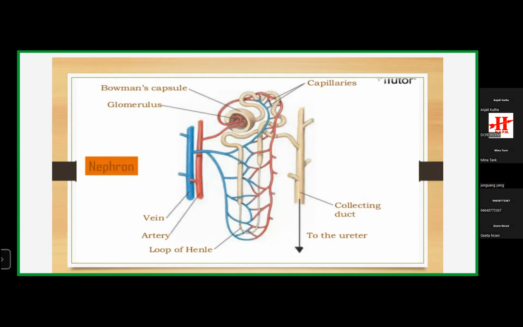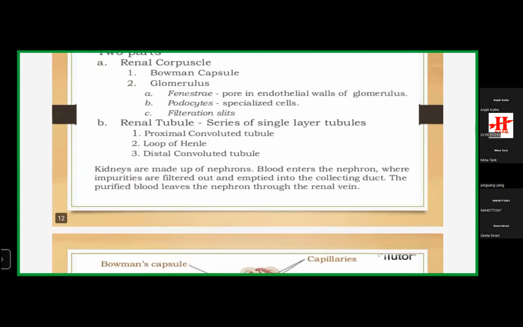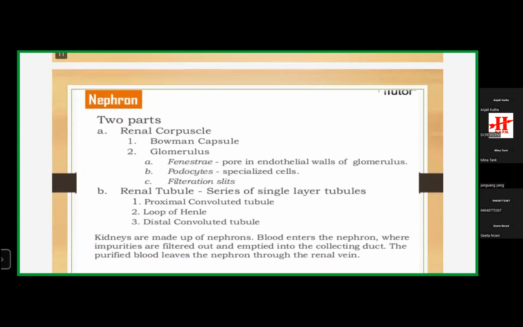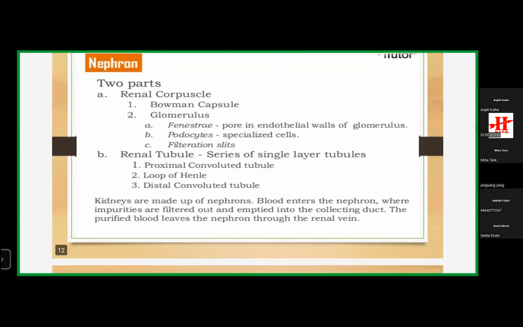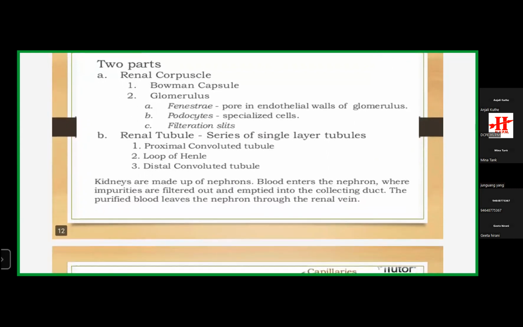Here in the Bowman's capsule, what happens? Due to the pressure of the blood, it gets filtered. Here you can see the renal corpuscle, Bowman's capsule and the glomerulus, and the renal tubule, proximal, loop of Henle, and distal convoluted tubules.